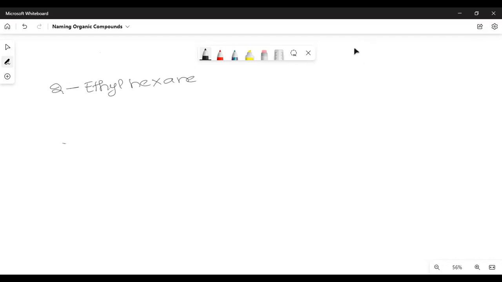Because it says hexane, that means there's 6. Perfect. Yes, there are 6 carbon atoms.